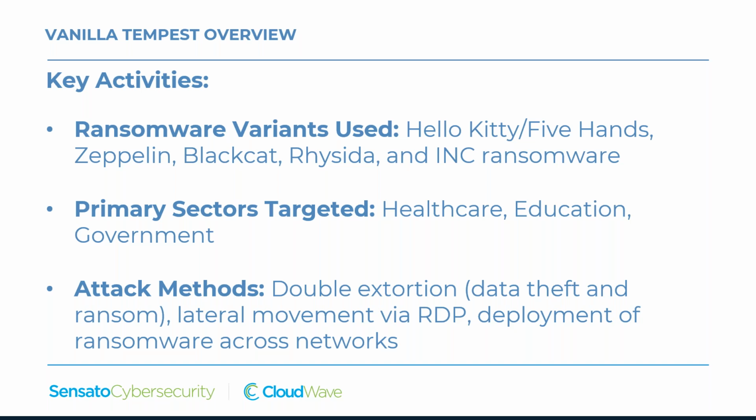Ricetta is one, and most notably Ink ransomware, which is ransomware as a service as far as we can tell. Their primary sectors besides healthcare are education and government, and their attack method is double extortion. We'll talk more about what double extortion is on another slide later on, but they use lateral movement via RDP and then deploy ransomware across networks.